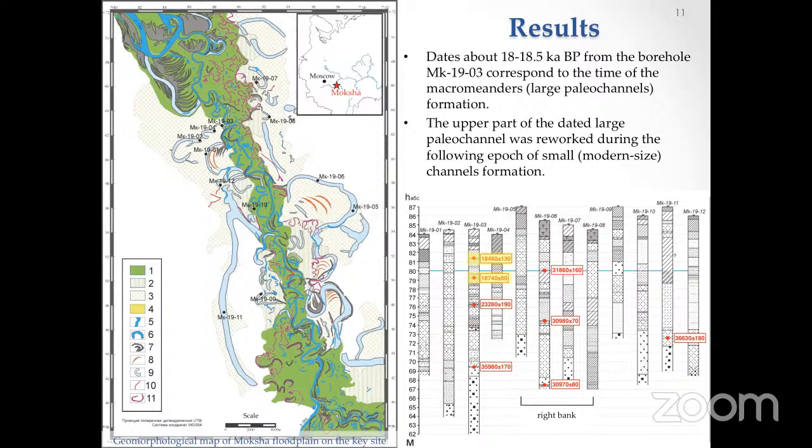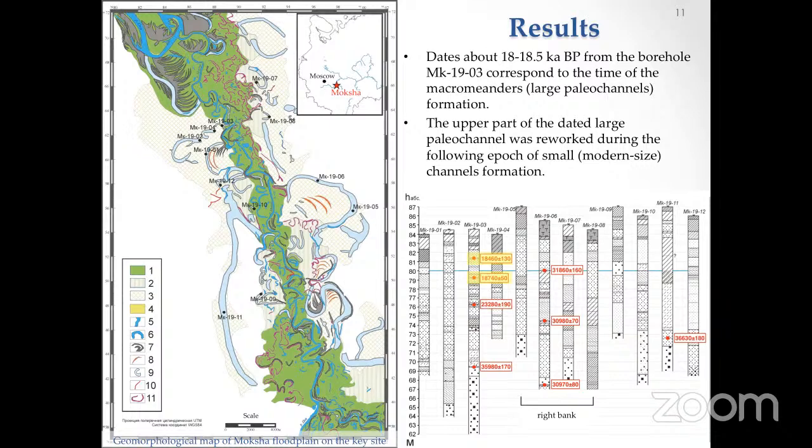For example, our previous studies in the Don River Basin, in the Upper Don River Valley, and in the Khoper and Vorona River valleys show the ages of large paleochannel formation between 18.5 and 12,000 years BP.